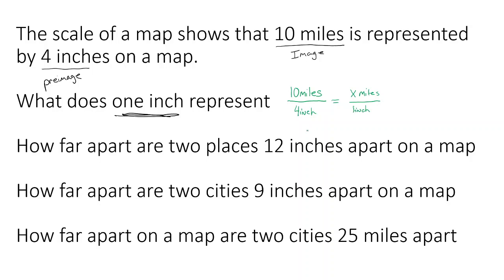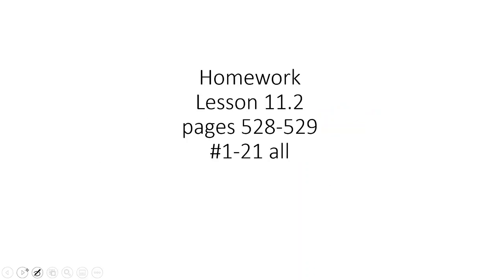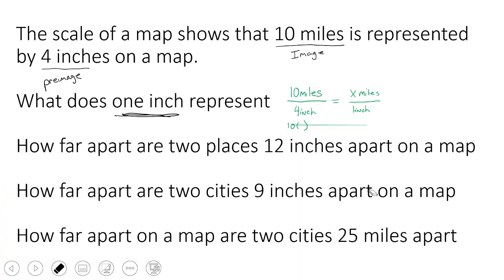So we could cross multiply 1 times 10 divided by 4 equals x. So 1 times 10 is 10. 10 divided by 4 equals 2.5. So x equals 2.5. And like we learned here, it's going to be in miles, or 2.5 miles.